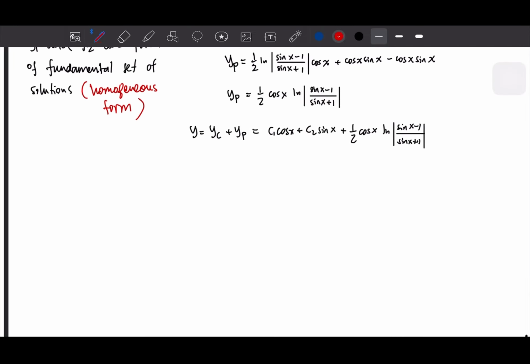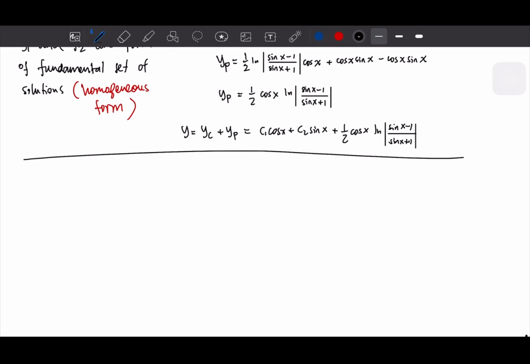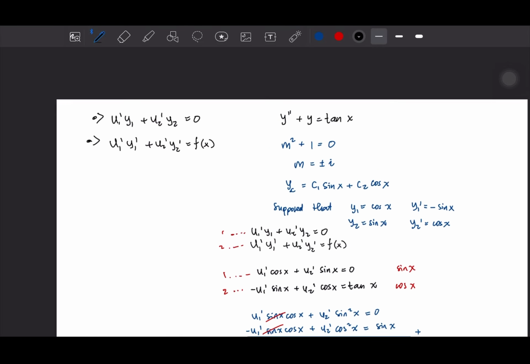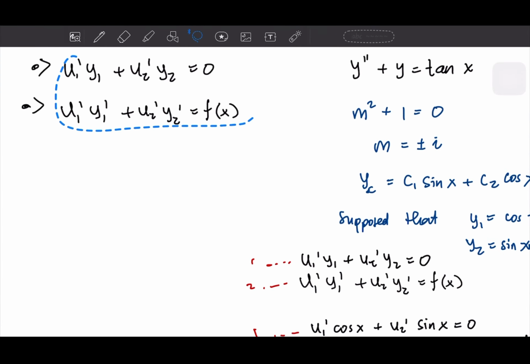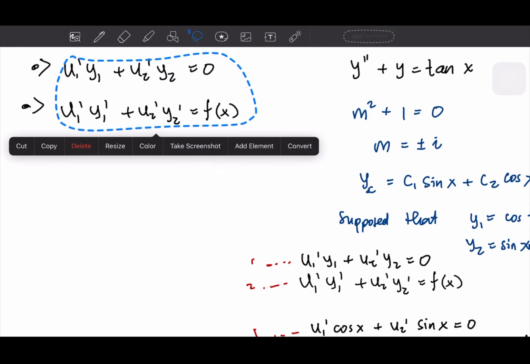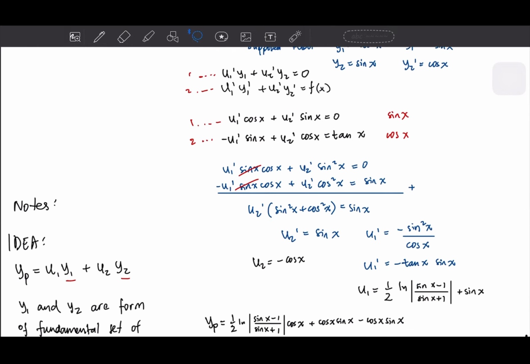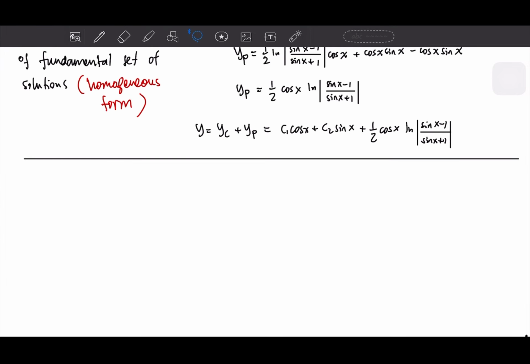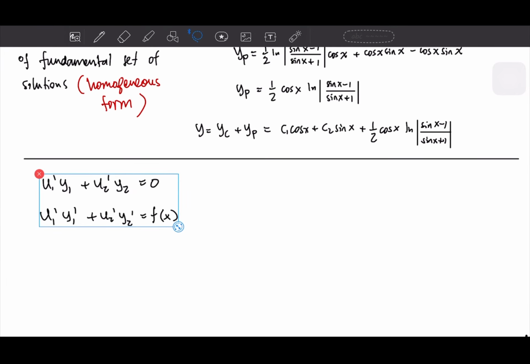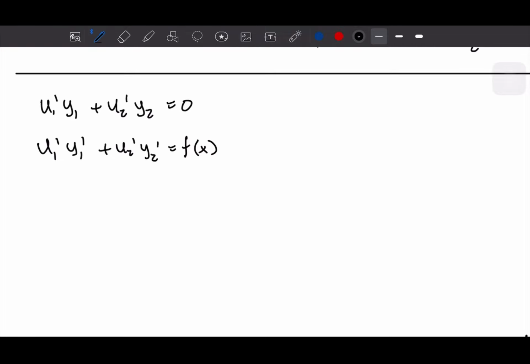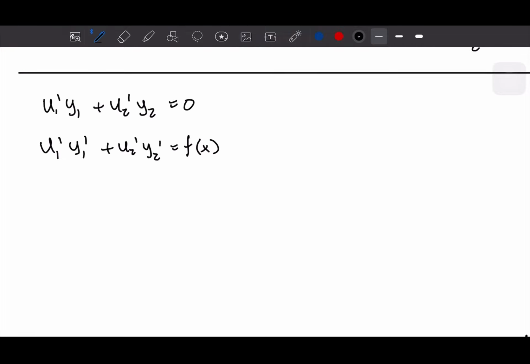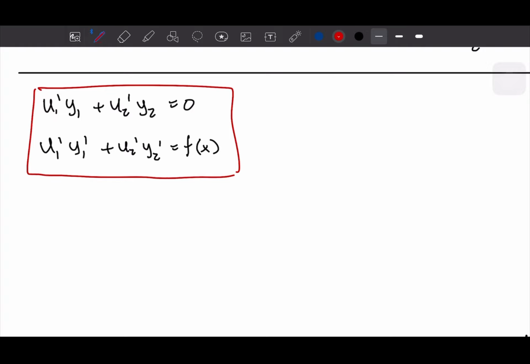Okay, let me give you an idea how to solve it using the Wronskian. So what we demand is, let me write this one, copy again completely. If you skip the first part, maybe not really paying attention, I think it's okay. Just pay attention to this one, okay? This is the core of the technique. So we are going to take this into a matrix.